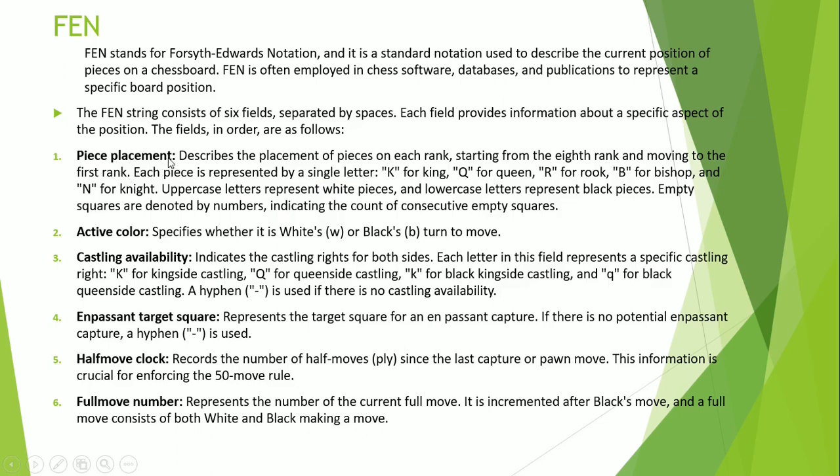Piece placement describes the placement of pieces on each rank, starting from the 8th rank and moving to the 1st rank. Each piece is represented by a single letter: K for king, capital Q for queen, like this. Uppercase letters represent white pieces and lowercase letters represent black pieces. Empty squares are denoted by numbers indicating the count of consecutive empty squares.